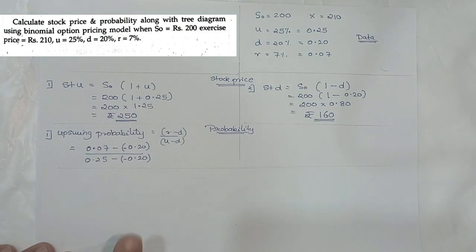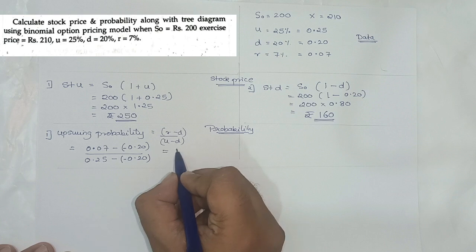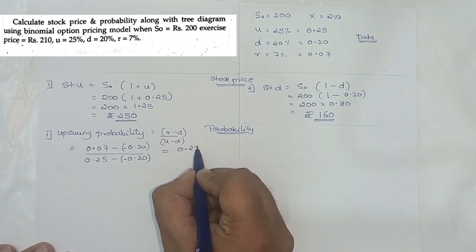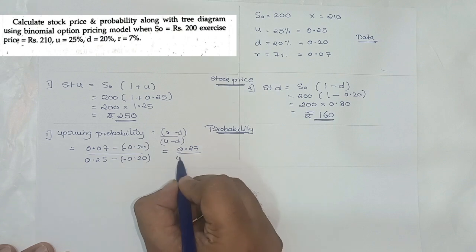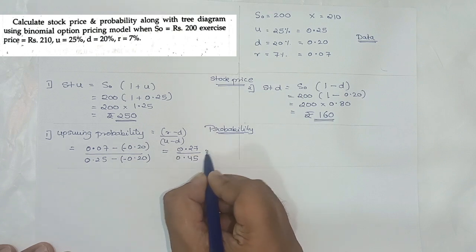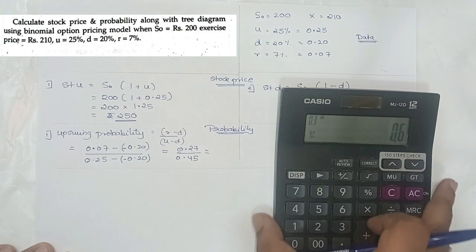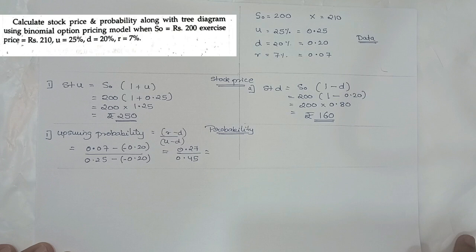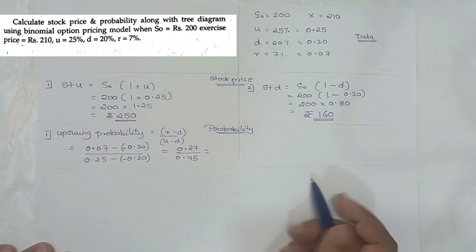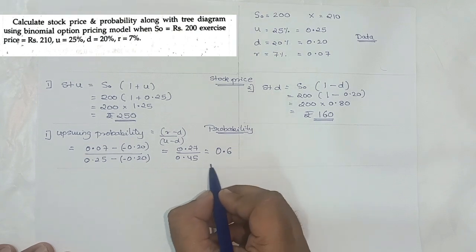Now 0.07 minus minus will become plus, so it becomes 0.27 upon 25 and 20, so that will become 0.45. Now we calculate 0.27 divided by 0.45, we get the value as 0.6. So the probability of upswing is 0.6. That is nothing but 60%.